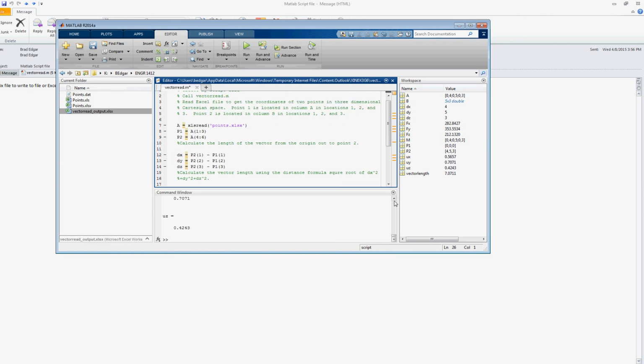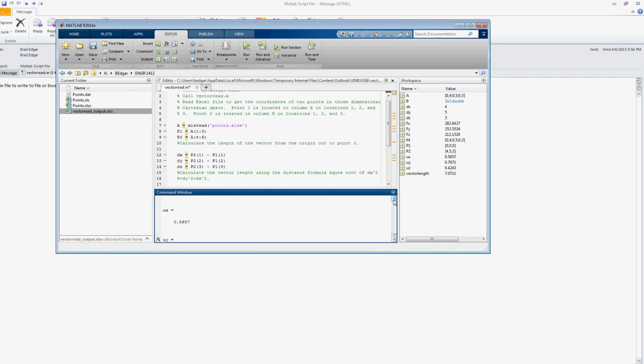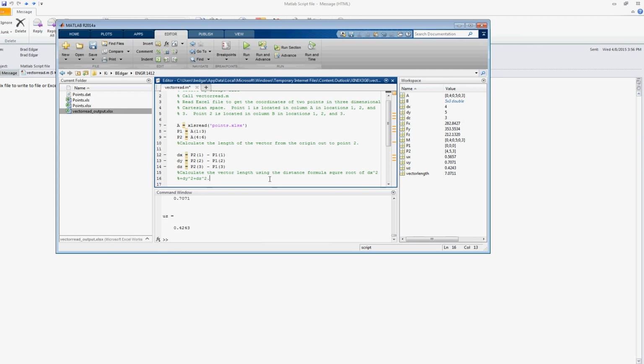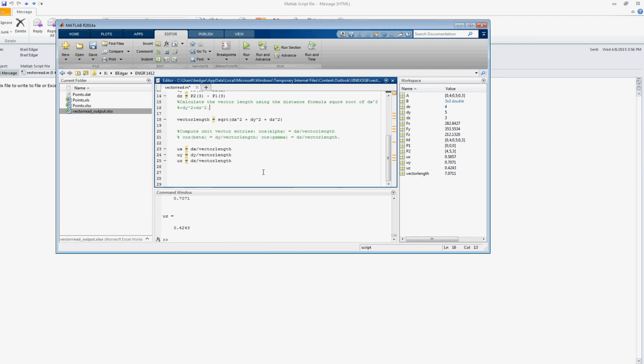Okay, here we go. These are our unit vector entries, and again we can check this to see if it's satisfied by squaring each one of these, taking the sum of those squares, and that should be equal to 1. So that is again the first check that I told you about.